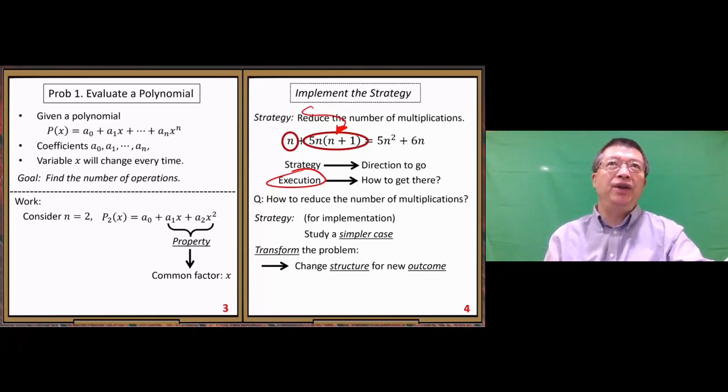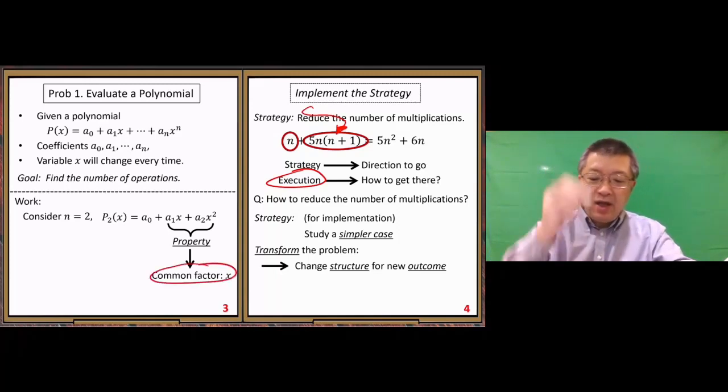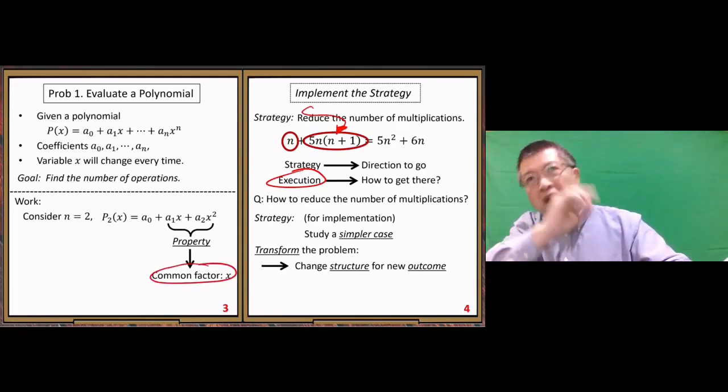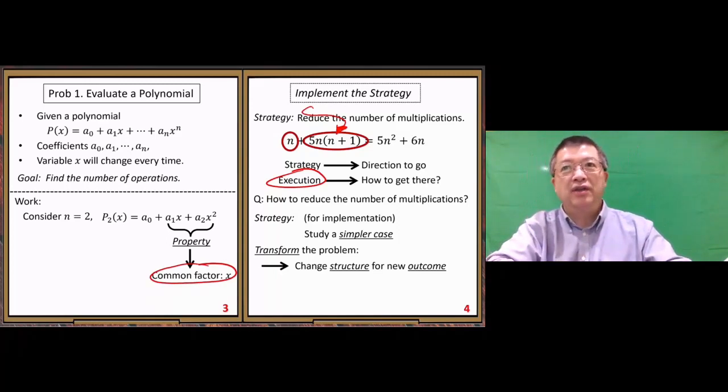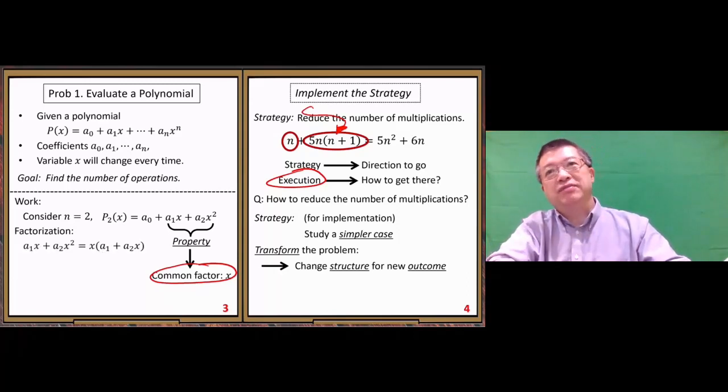That's the reason behind it. Here, let us do it. Because we have the common factor, we can do some structure change regarding this common factor. What kind of structure change? Factorization. Common factor naturally corresponds to factorization.